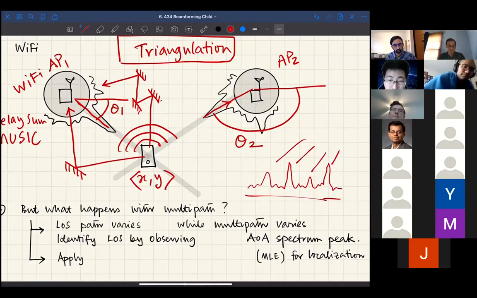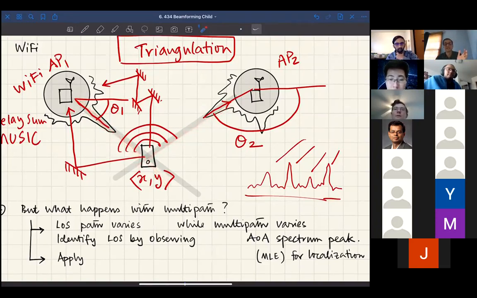Remember that for triangulation, if you use a multipath, you're completely going to be wrong. You see that? Guys, I hope I haven't lost you with MUSIC. Even if you didn't understand MUSIC, just forget it. Right? Now we are doing triangulation where the Wi-Fi AP has figured out the AOA of the phone.